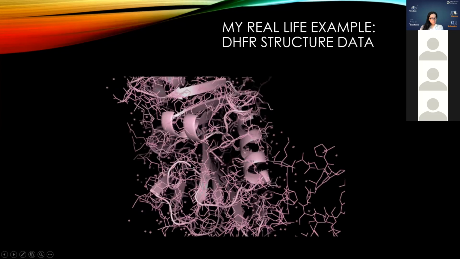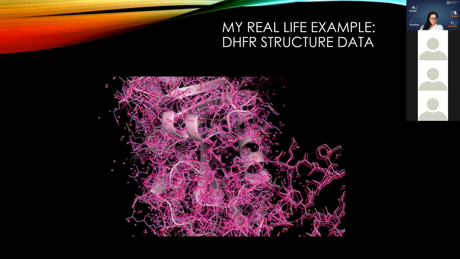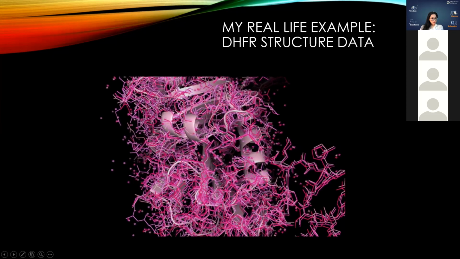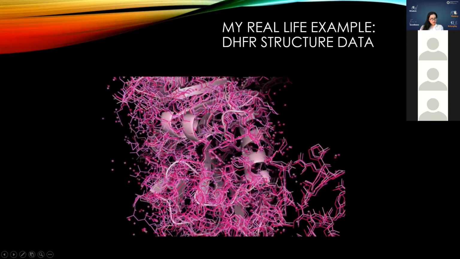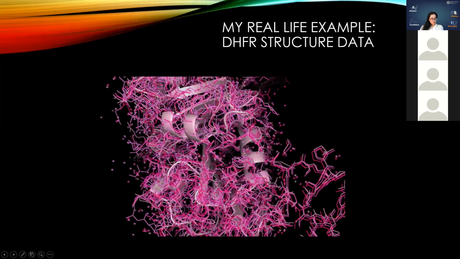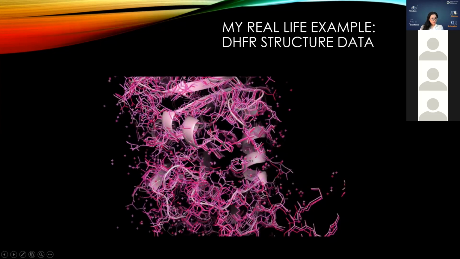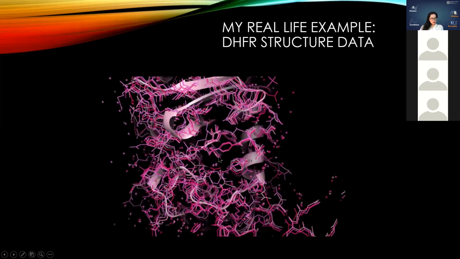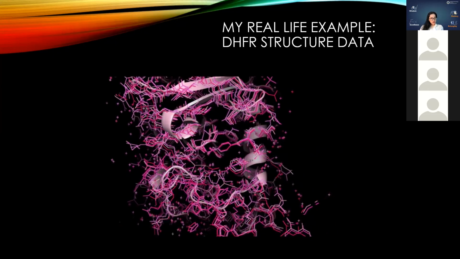So my real life example looks like this. When I do structure-based analysis, I see the structure in line representation. You can see the ribbon in pink, larger pink like this, and these are all the side chains of many proteins superposed on the same pink helices. You can see that this one is methotrexate, the anti-cancer drug or anti-rheumatoid arthritis drug.